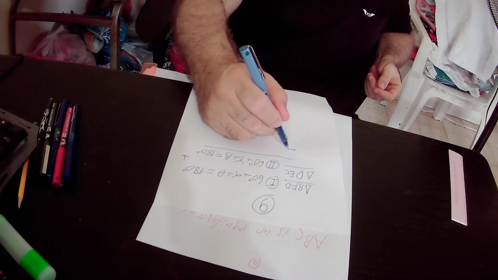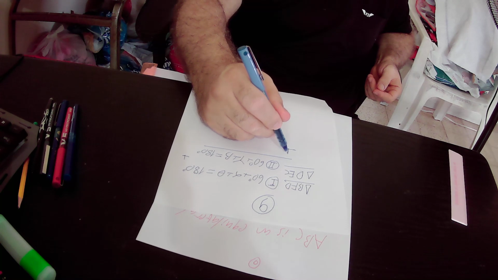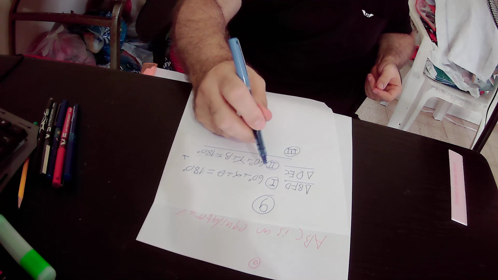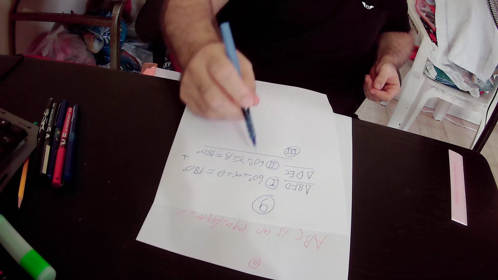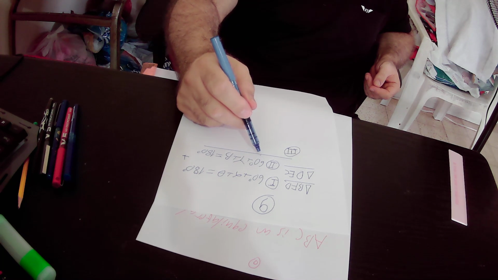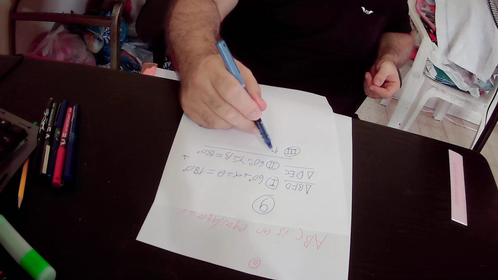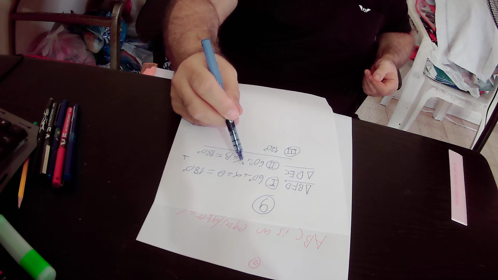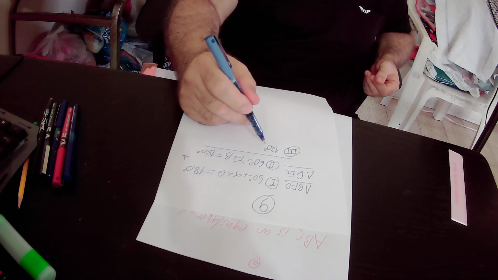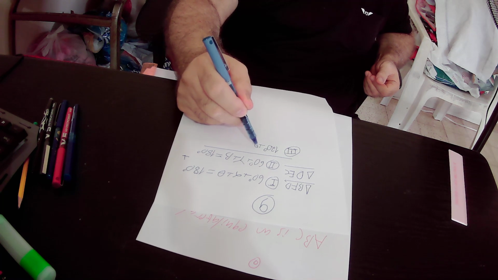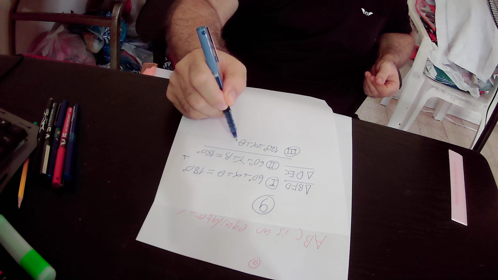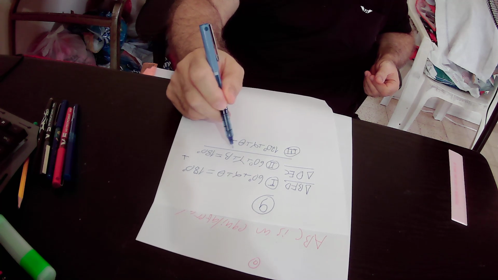So equation number 3 is the addition of equation number 1 to equation number 2. 60 degrees plus 60 degrees equals to 180 degrees. And in the first equation we have alpha plus theta, and in the second equation we have gamma plus beta.